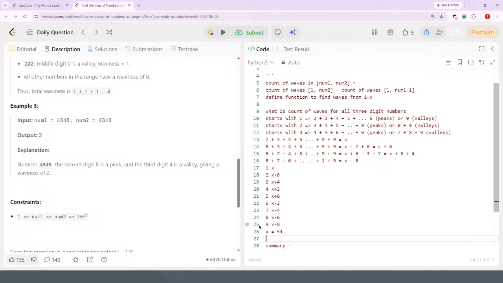So I guess it's 8x total here, 9x total. 9x minus 8. 9x minus 8. 540 minus 54. 540 minus 50 is 490. 490 minus 4 is 486. 486 minus 8 is 478.